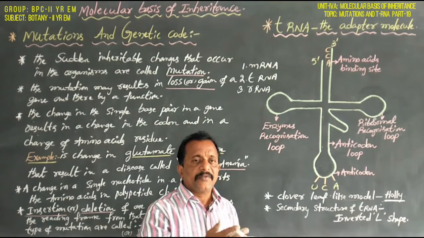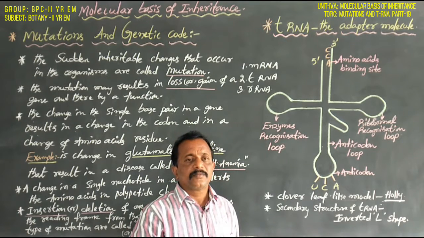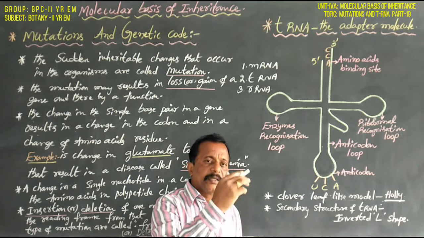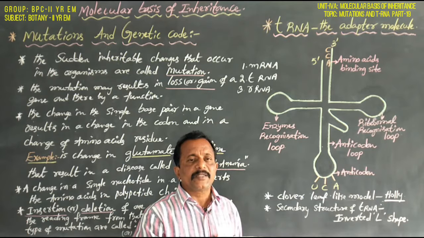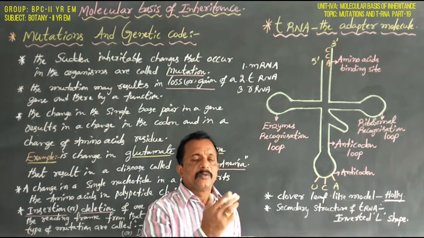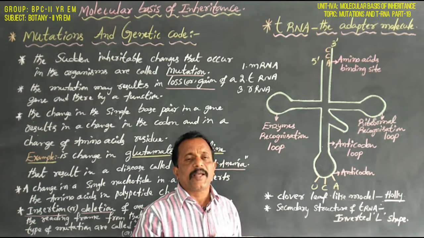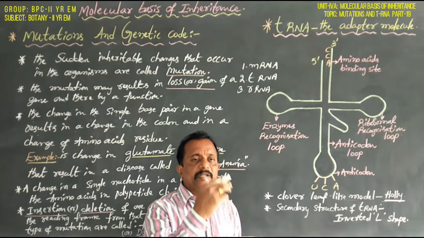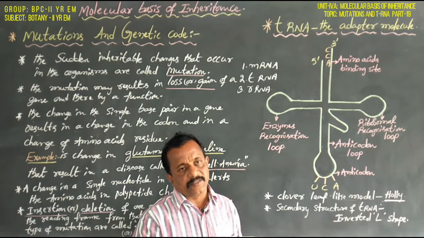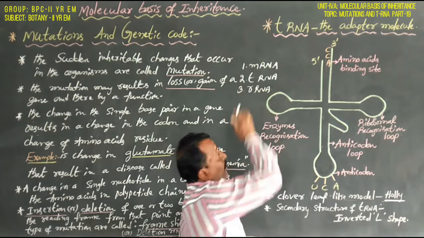tRNA always binds the amino acids and then brings the amino acids to different places of the cytoplasm and then they are involved in protein synthesis. That is the importance of tRNA.